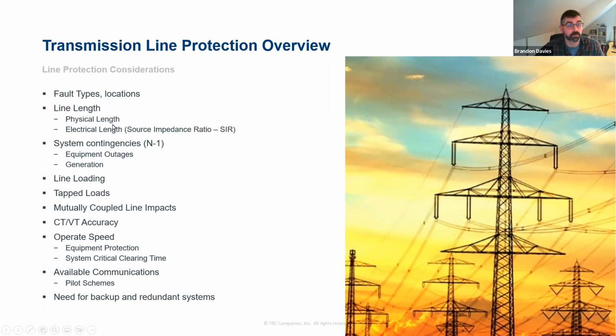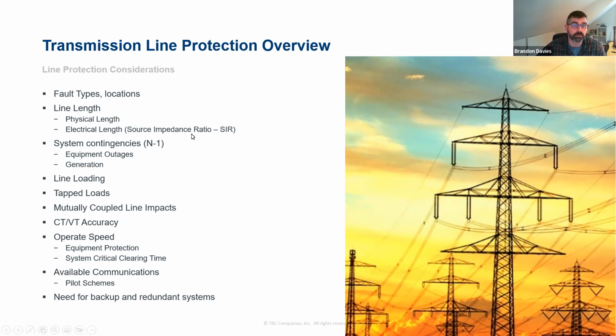And that's both the physical length, which you can measure with Google Maps, okay, this is however many miles long, or the electrical length. The electrical parameters of the line impedance are generally calculated as impedance per unit length, so however many ohms per mile or whatever.